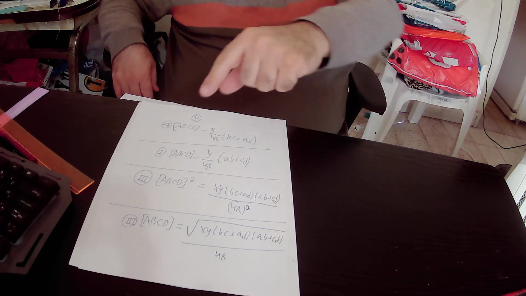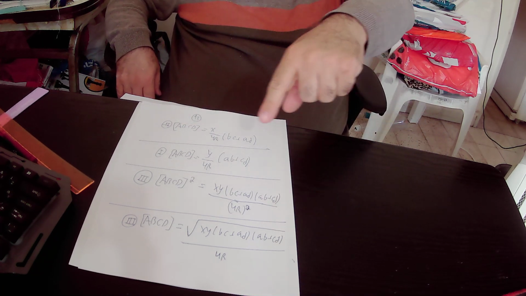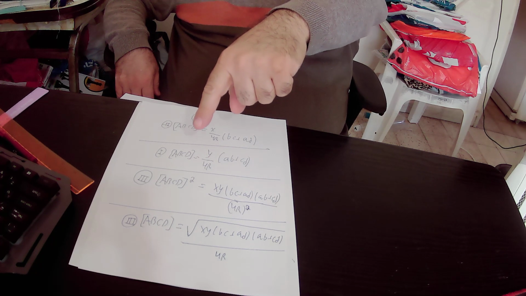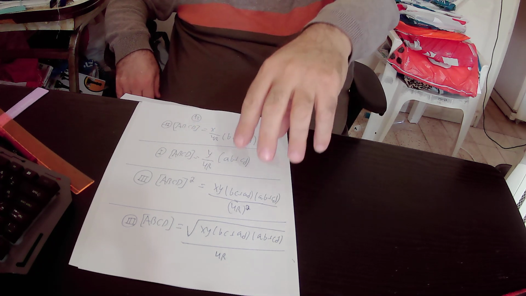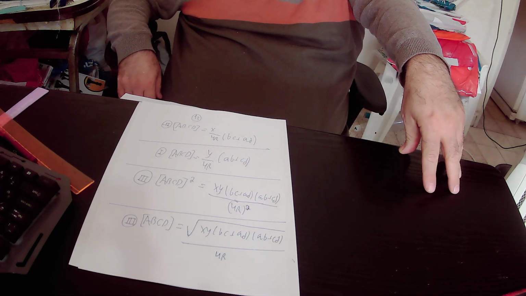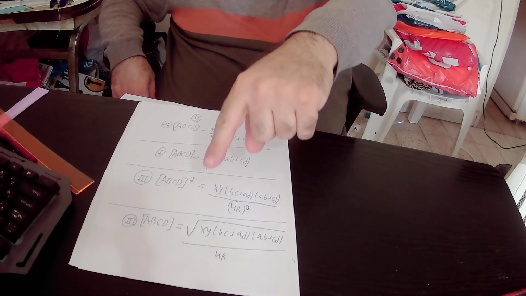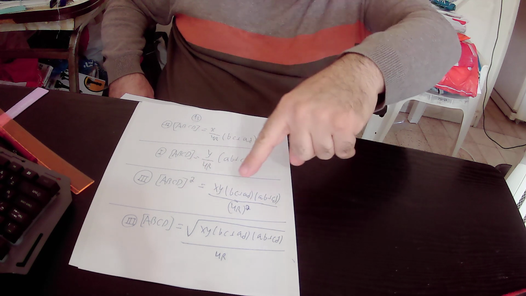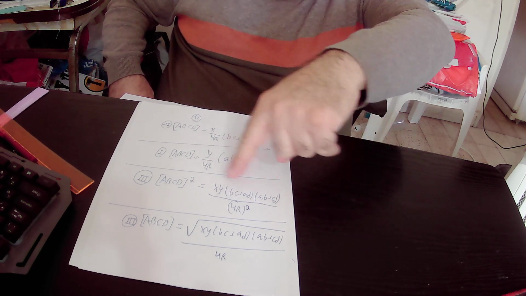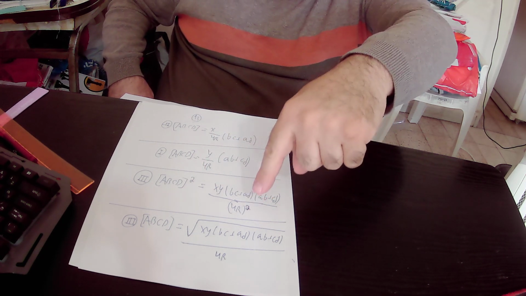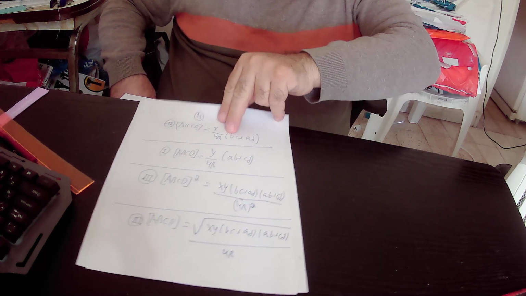We multiplied equation number 1 by equation number 2, and we got that the area of quadrilateral ABCD squared equals this expression. Then we took the root of equation number 3, and we got that the area of quadrilateral ABCD equals the root of this expression, and the root of 4R squared equals 4R.